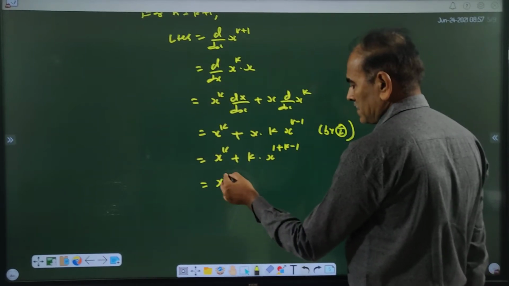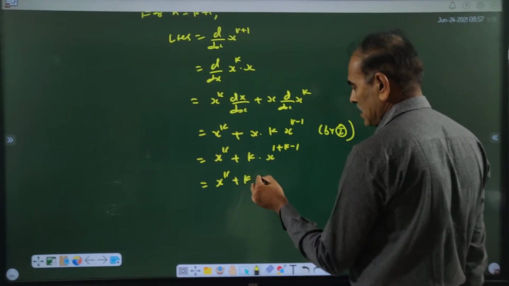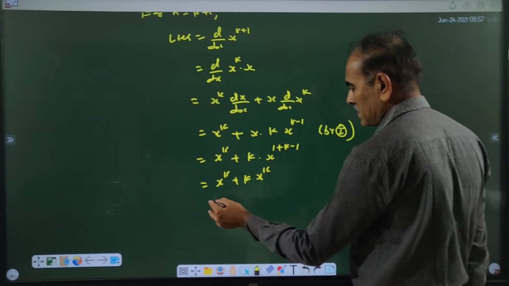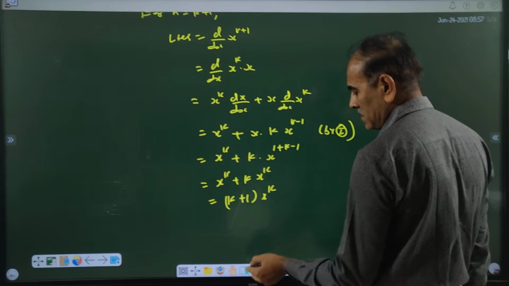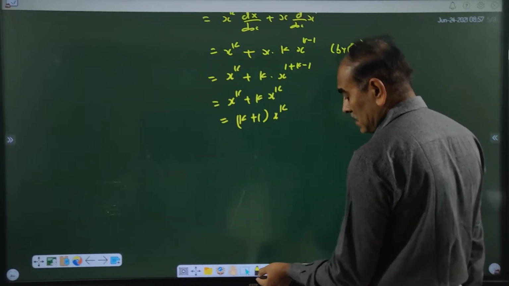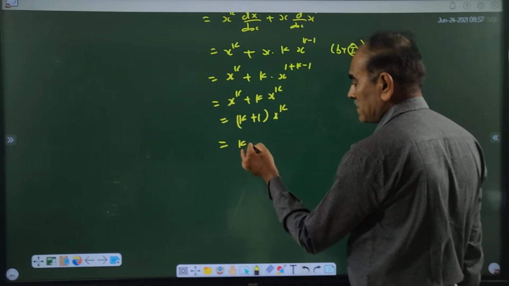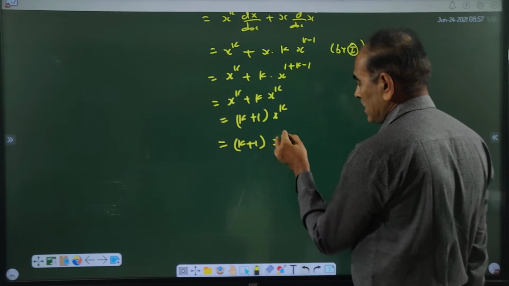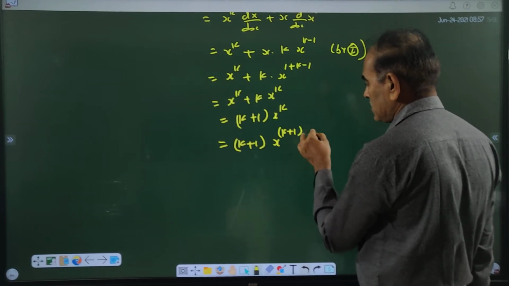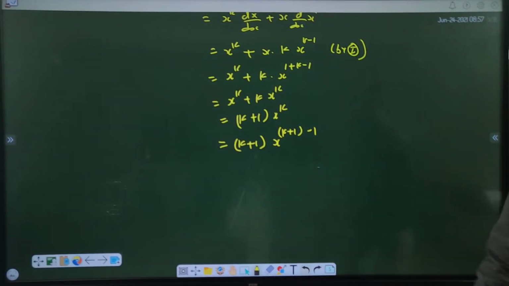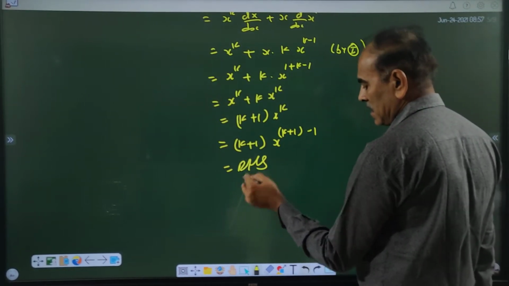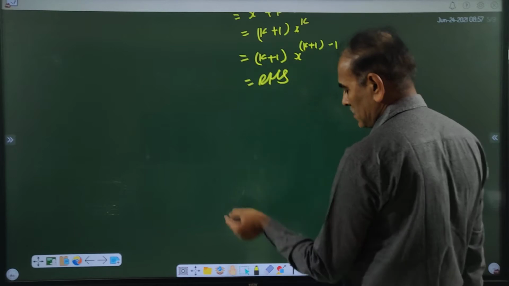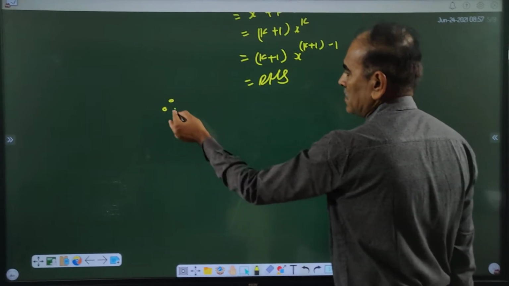So what we get? x raised to k plus k into x raised to k. That is k plus 1 into x raised to k. Can I write it? Yes. Can I arrange it this way? k plus 1 into x raised to k plus 1 minus 1. Yes. So that is the right hand side. And therefore p of k implies p of k plus 1.